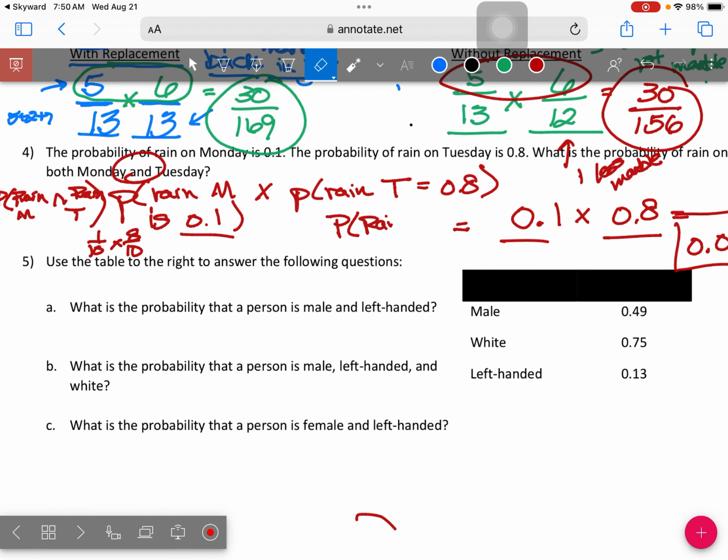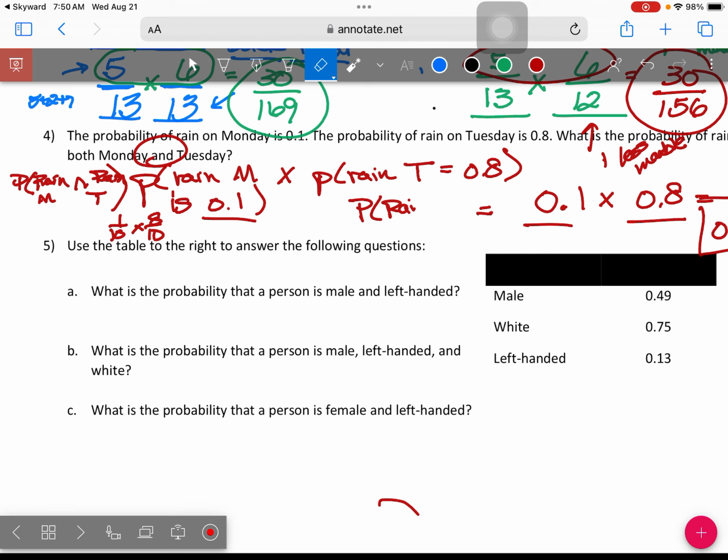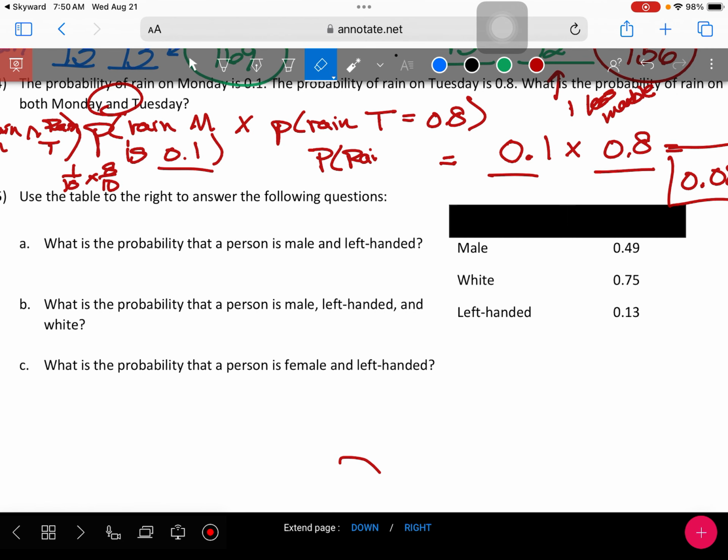All right, so use the table to the right to answer the following questions. Do you find one? Yes. It says, what is the probability that a person is male and left-handed? Male and left-handed. Remember, these are independent. They have nothing to do with each other. So you find the probability that someone is male, and in this case, they say that is 0.49.